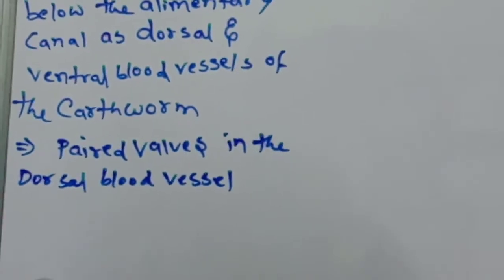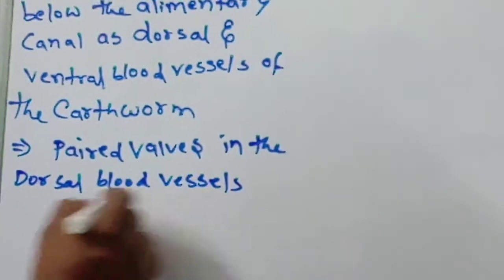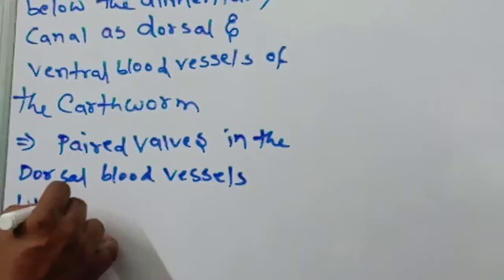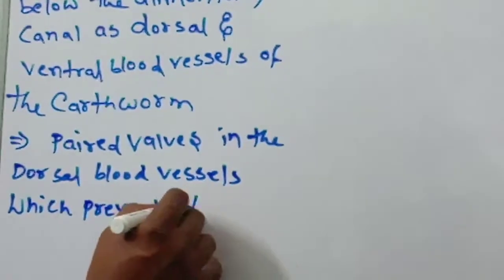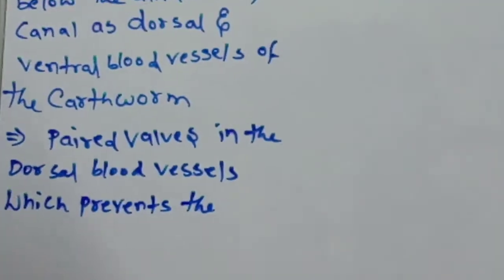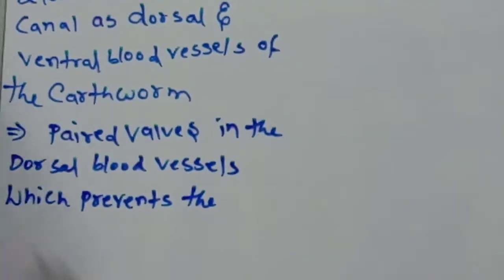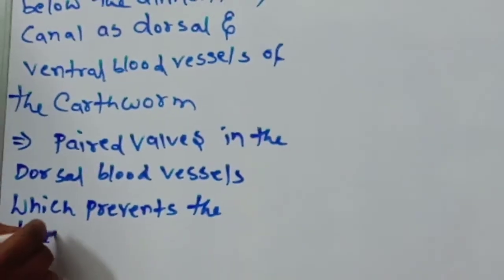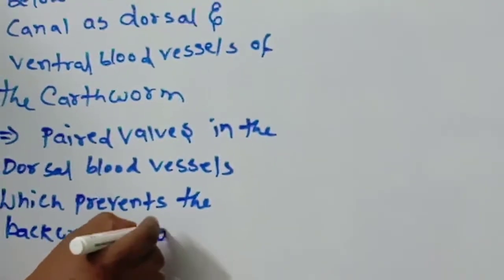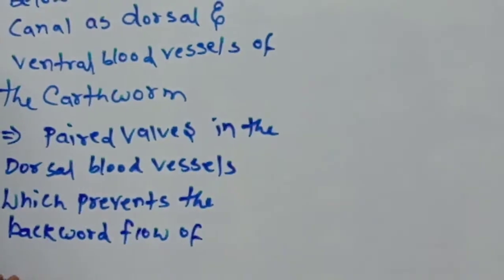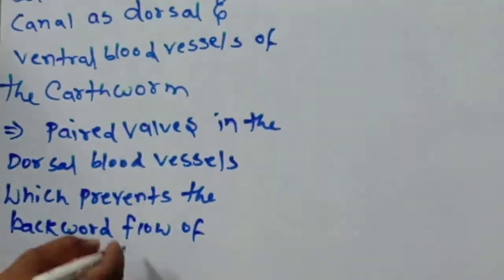The dorsal blood vessel prevents the backward flow of blood.